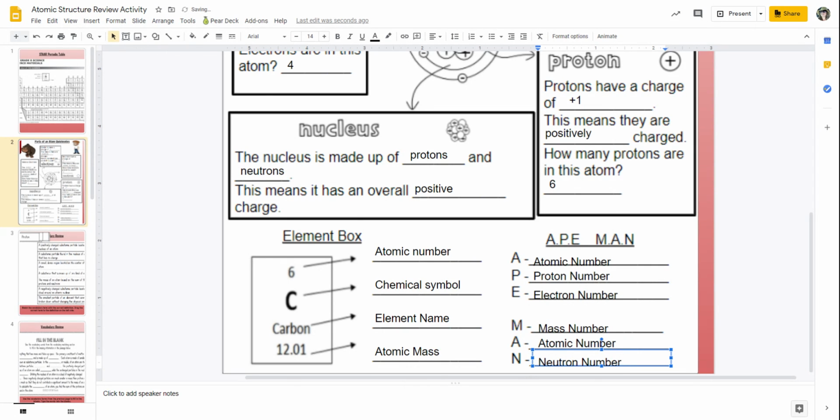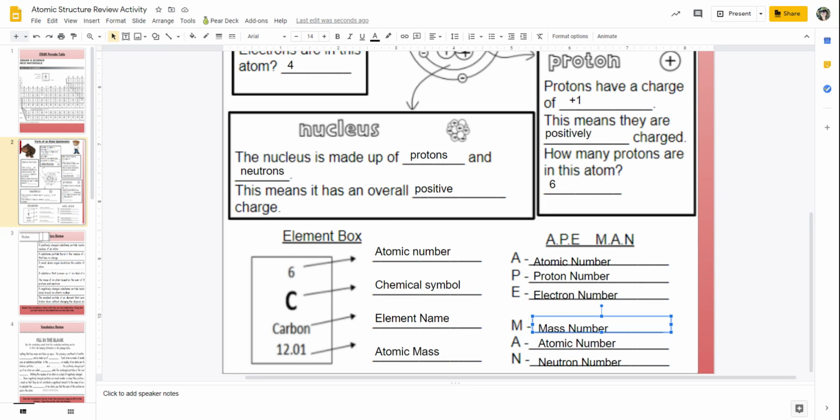So I could say ape man several different ways. You could say ape man if that helps you remember. Or you could just say, if I know the top number, that is protons and is electrons. They're all the same. For the bottom part, I could say man if that helps me remember.